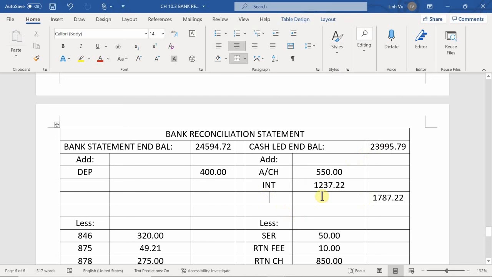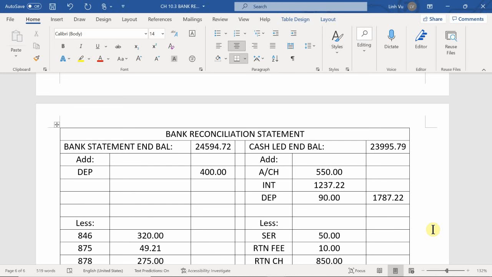So in this case, you're going to put in a deposit for the $90 difference. You're going to increase your cash side because you did not put in $90. So I need to change this amount by $90.